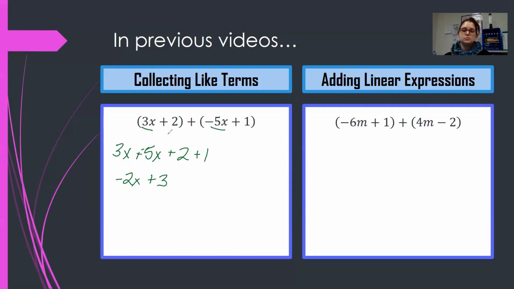And then we also looked at adding linear expressions, and this was the same idea. It's just we set everything up slightly differently. So we used what's called the stacking method, and we would take the 4m and stack it under the 6m.